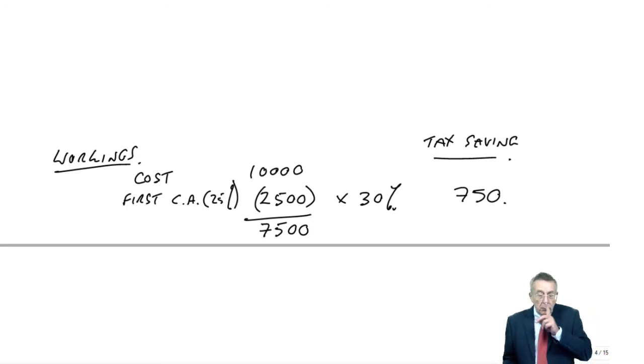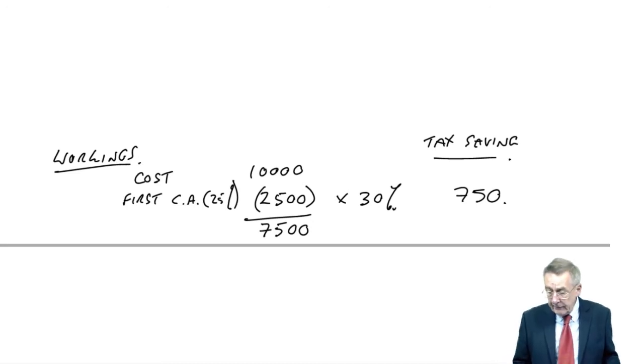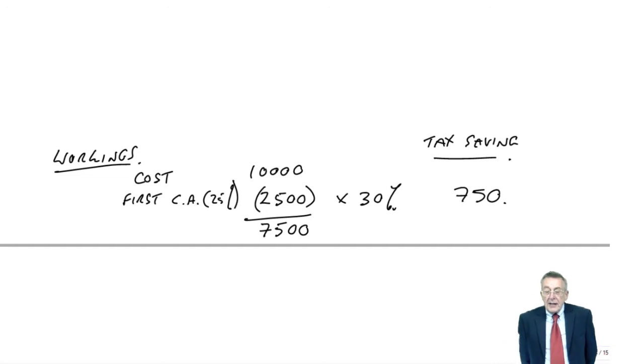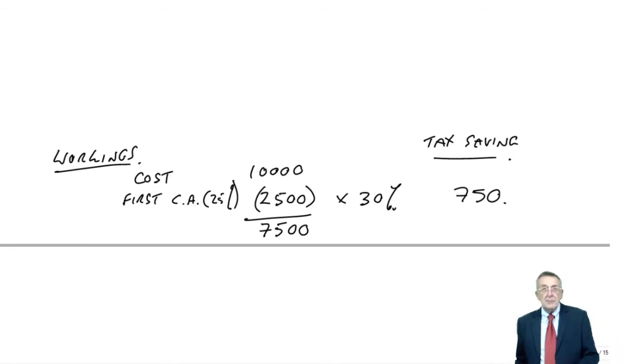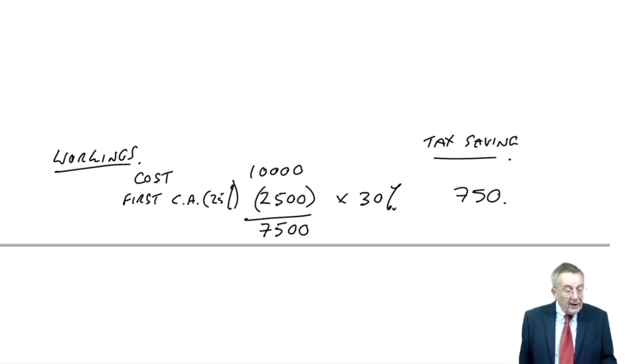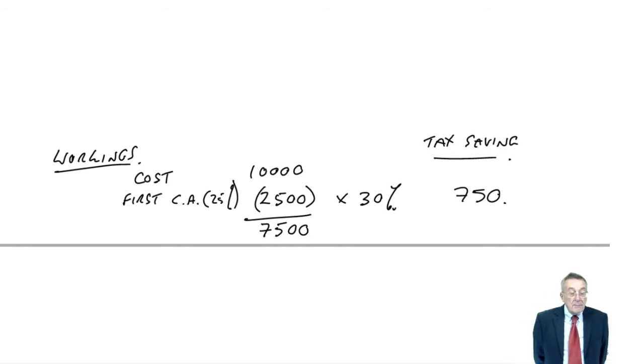The second, now watch this carefully, but I will give you a rule in a minute. The second thing to consider is, when will we get that saving? Will it be at time 0? Will it be at time 1? Will it be at time 2? And so on. Well, think about this. It says that we're buying the machine on the 1st of January.